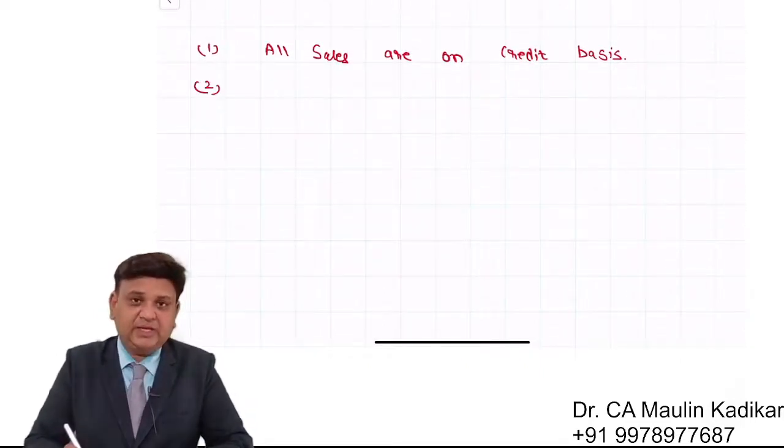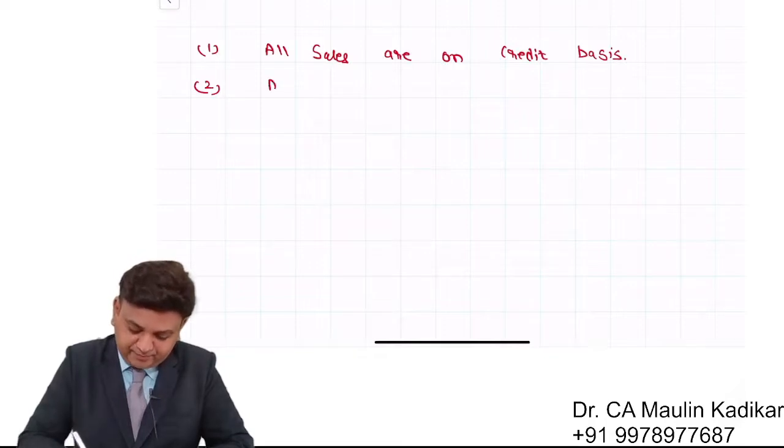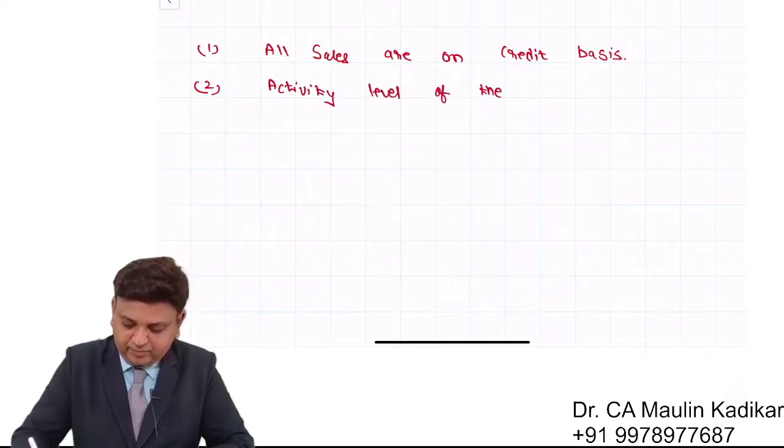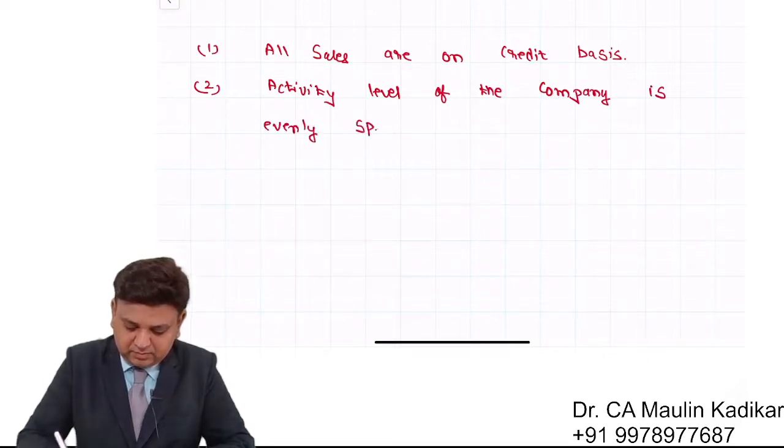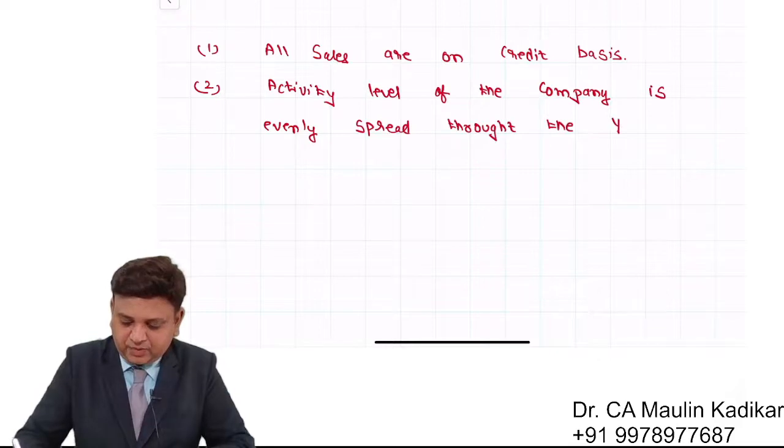Second assumption is made like this: activity level of the company is evenly spread throughout the year.